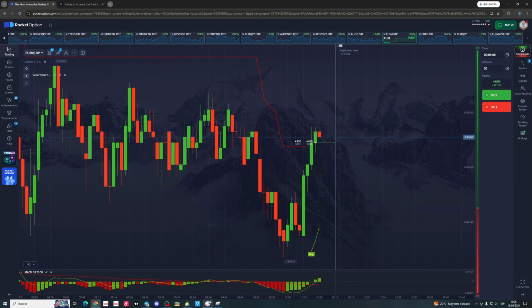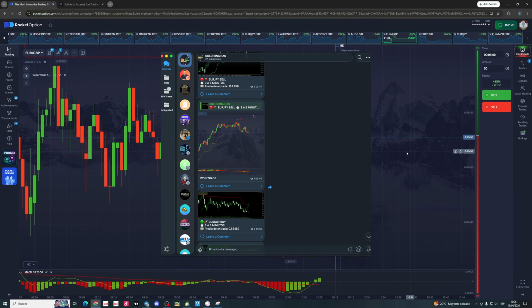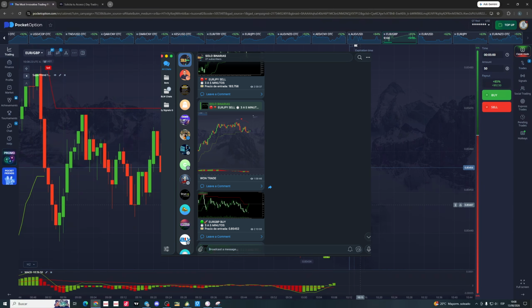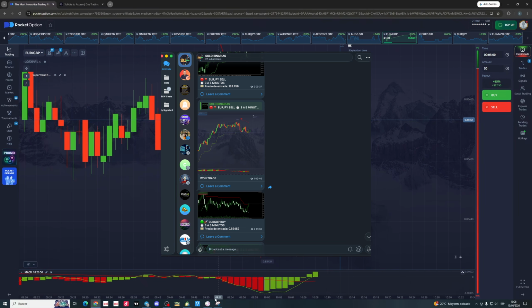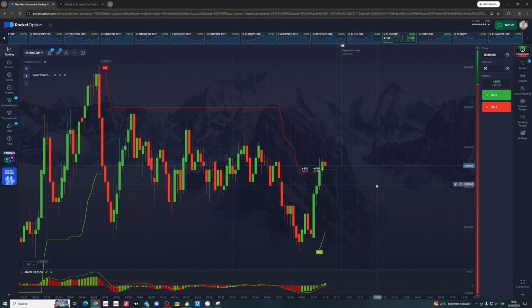We receive another alert here and it says, let's find it. Buy position for EUR/GBP. It's this one here. It's the same, we are trading the same signal. We receive the alert. Look at this. We trade a buy position. Trade for 5 minutes.